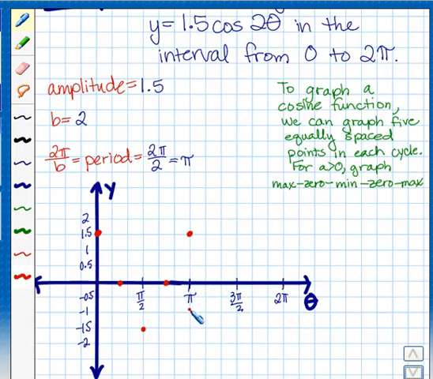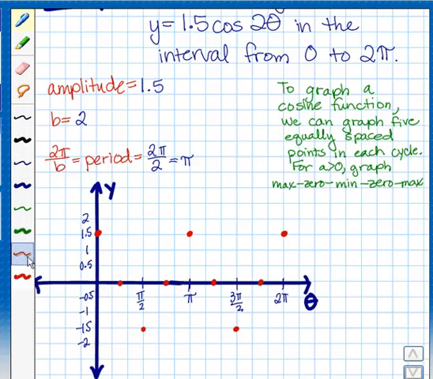Now let's do that again. So at pi plus pi over 4, or 5 pi over 4, we have 0 again. And our minimum is going to be at 3 pi over 2. And here we have 0 again, and here we have our maximum.